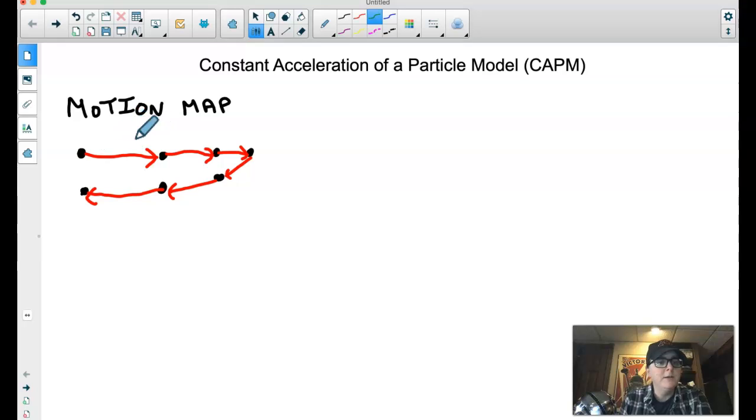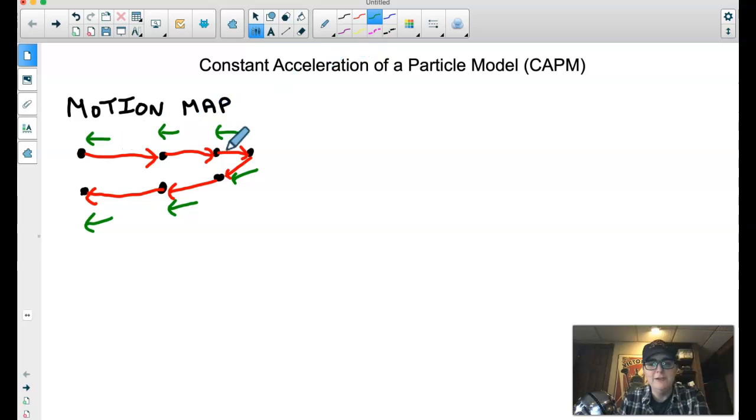We also did a little bit of adding acceleration arrows to these motion maps, where the acceleration is how much the velocity is changing in 1 second. In this case, my acceleration is always acting to the left.